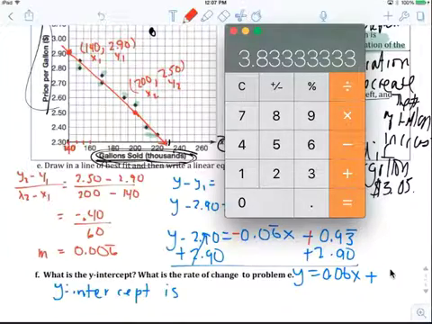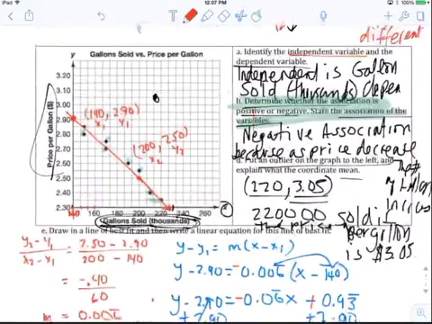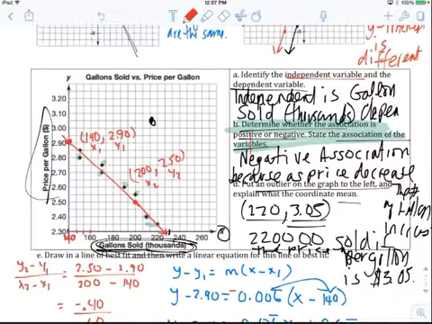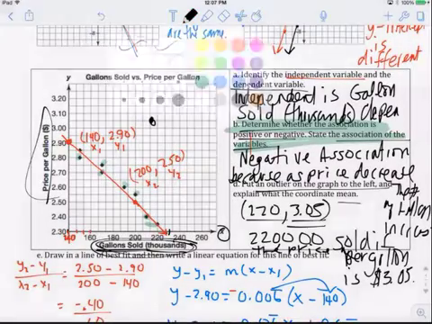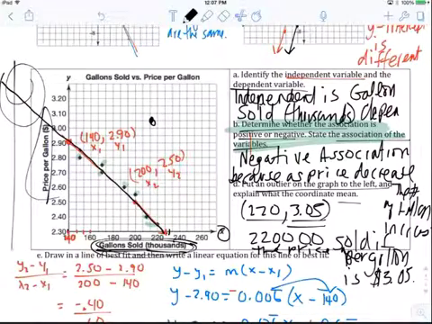Okay? Here's how I know my y-intercept was incorrect. Here's how I know why it's wrong. If this line keeps going like this, my y-intercept is somewhere up here where 0 is.